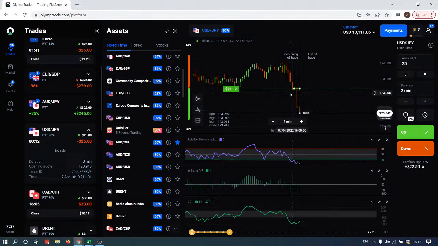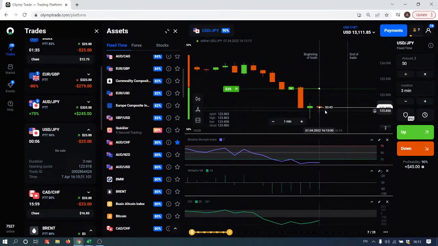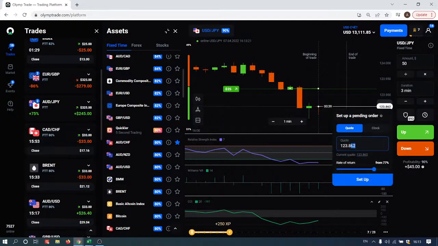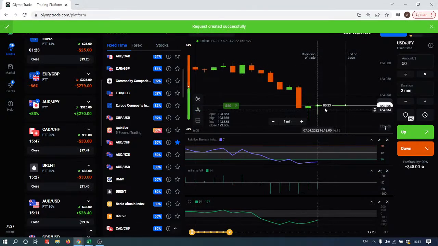USD JPY. It's interesting, guys. You know what? I think I want to go ahead and try to adapt to this position. 5-1, and we press set.